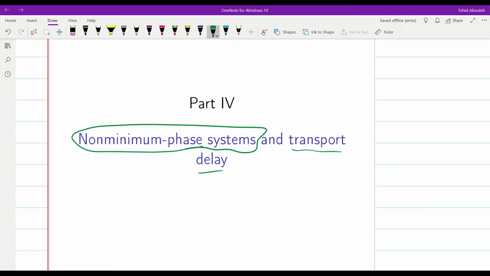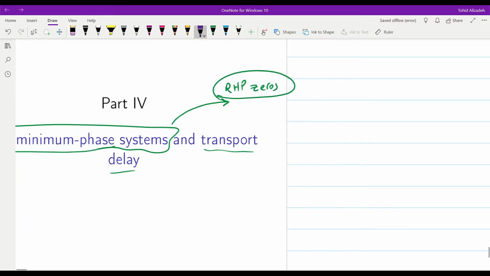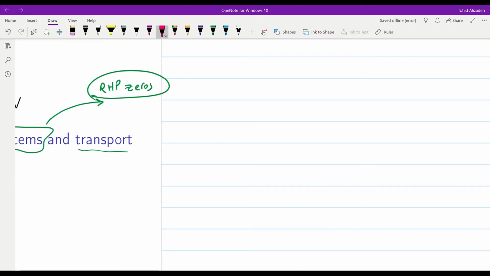Basically a non-minimum phase system is a system which has one or more zeros on the right half plane. So, right half plane zeros. The systems that we have been considering till now never had zeros on the right half plane. All the zeros and also the poles of the systems that we have discussed till now were lying on the left half plane.